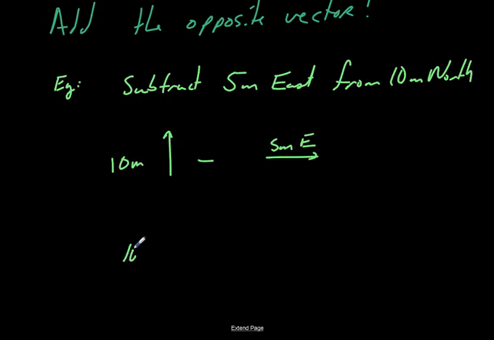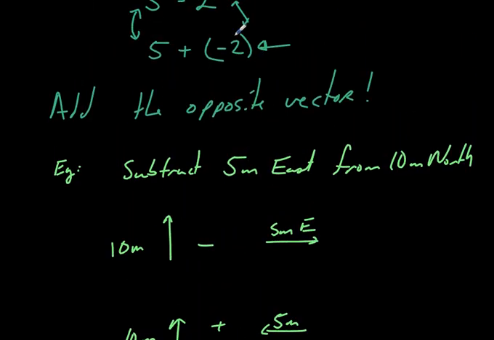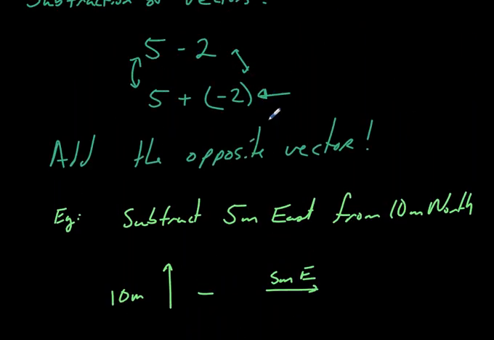We're going to say that's the same as saying 10 meters north plus what's the opposite of 5 meters east? Yeah. And there we go, and we're just going to do this. And this resulting value here, this is 10 meters, this is 5 meters. This is the subtraction of those two. Okay, so we're just adding the opposite. So if you're asked to subtract vectors, you just simply add the opposite value, just like you would do in math class. And that's the end of that.